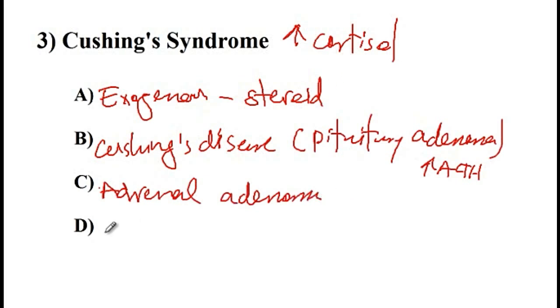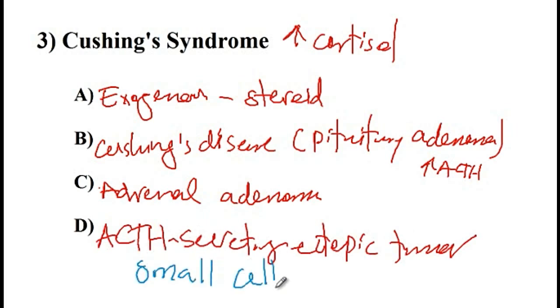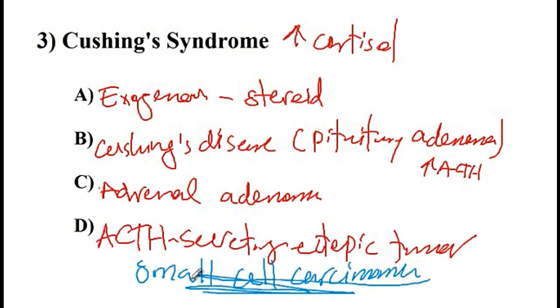And then finally, we have ectopic tumor that will cause ACTH secretion. So ACTH secreting ectopic tumor. And small cell carcinoma of a lung is an important example of the ACTH secreting ectopic tumor.